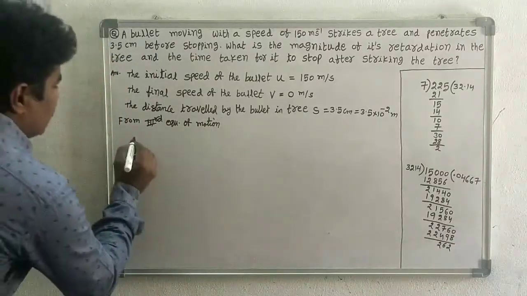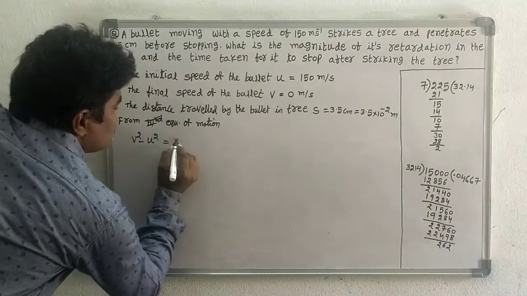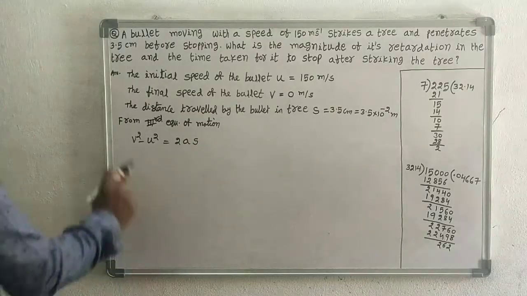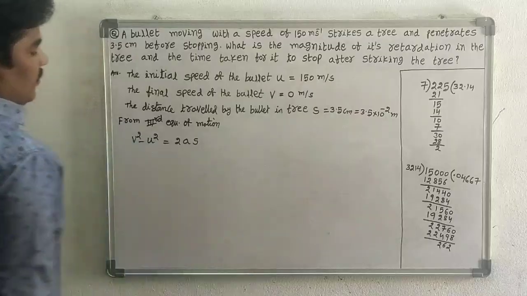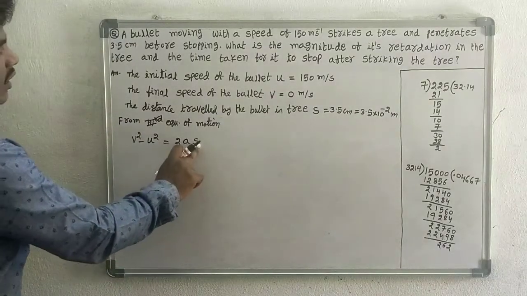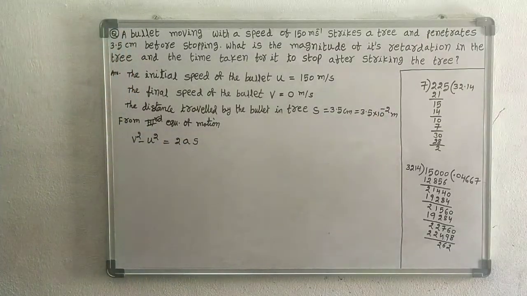What is the third equation? v square minus u square is equal to 2as. Here what is v? 0. What is u? 150. We have to determine the acceleration a. What is s? 3.5 into 10 to the power of minus 2 meters.